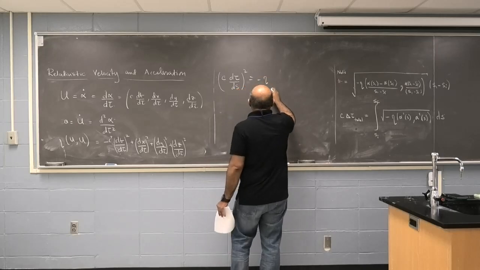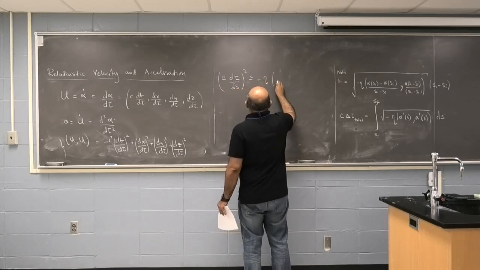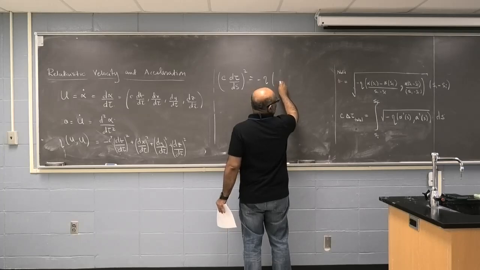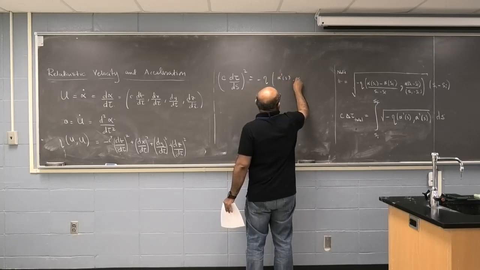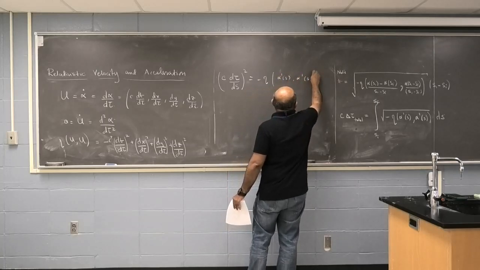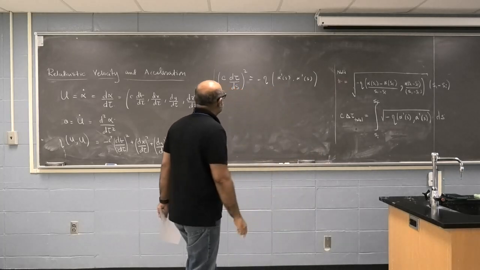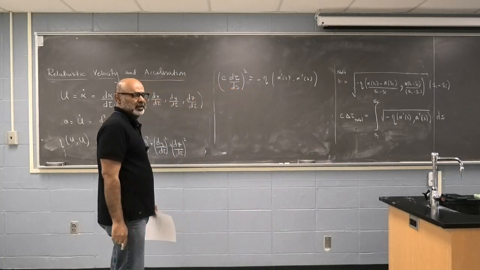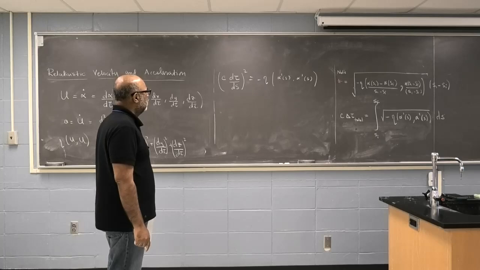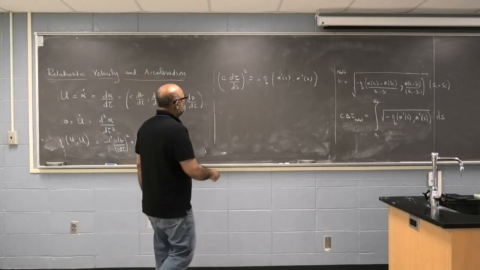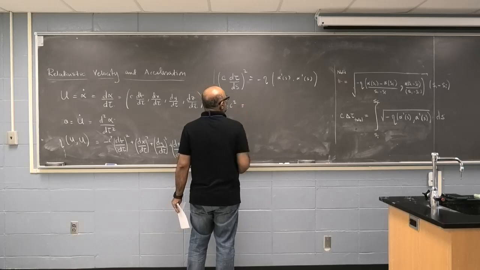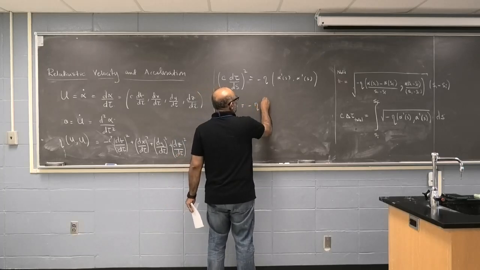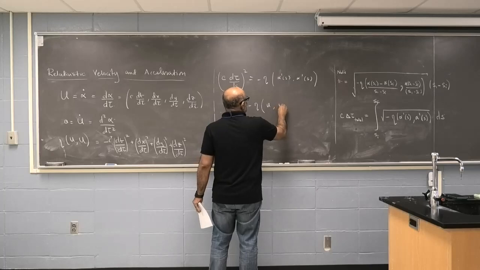Minus eta of alpha prime of s, alpha prime of s. So this is minus c squared equals minus eta of u, u.